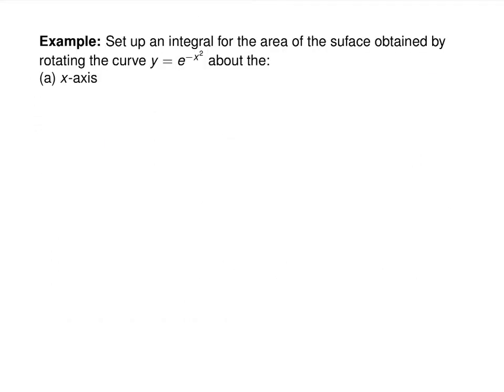To illustrate that difference, let's set up integrals for the same curve rotated about two different axes. Suppose we're spinning e to the negative x squared about the x-axis, between x equals 0 and x equals 1. So the surface area will equal 2 pi integral 0 to 1.